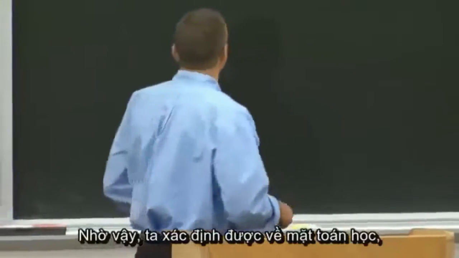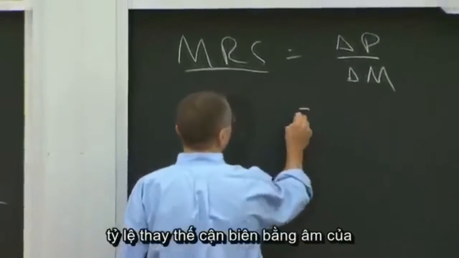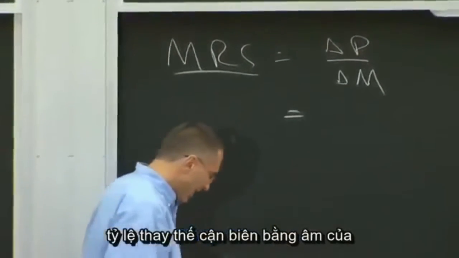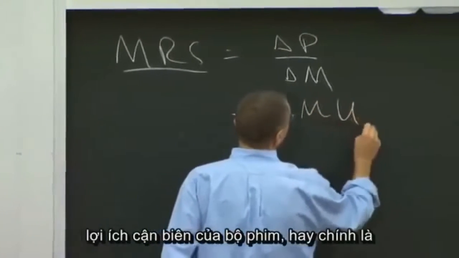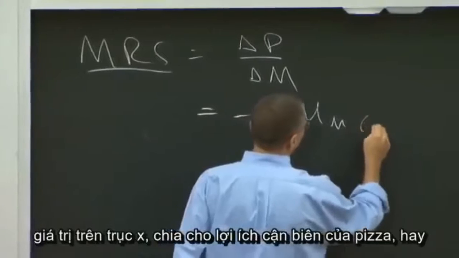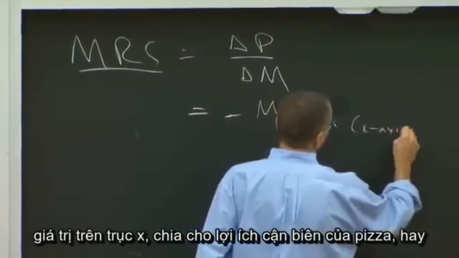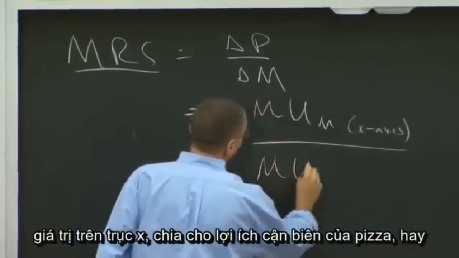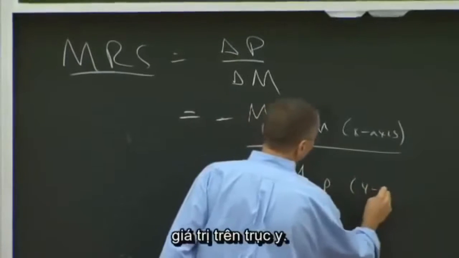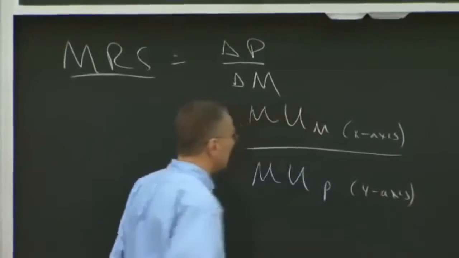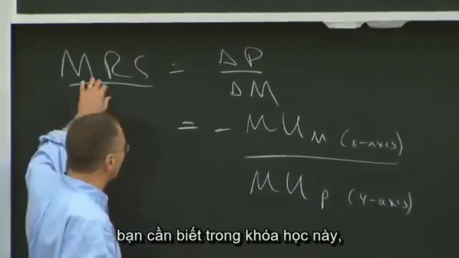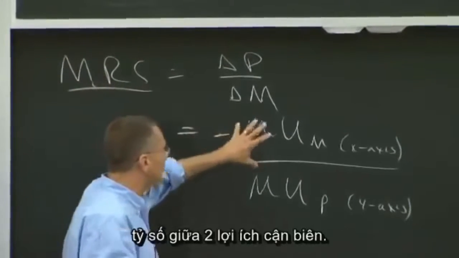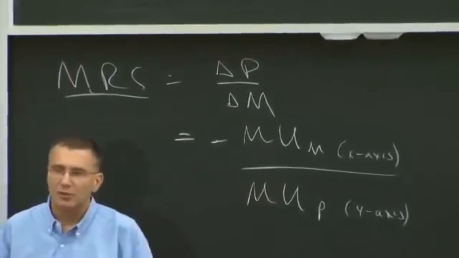So that allows us to write mathematically the definition of the marginal rate of substitution: it's the negative of the marginal utility of movies, or more generally what's on the x-axis, over the marginal utility of pizza, or more generally what's on the y-axis. The marginal rate of substitution, first key formula you need to know for this course. The marginal rate of substitution is equal to the ratio of marginal utilities.